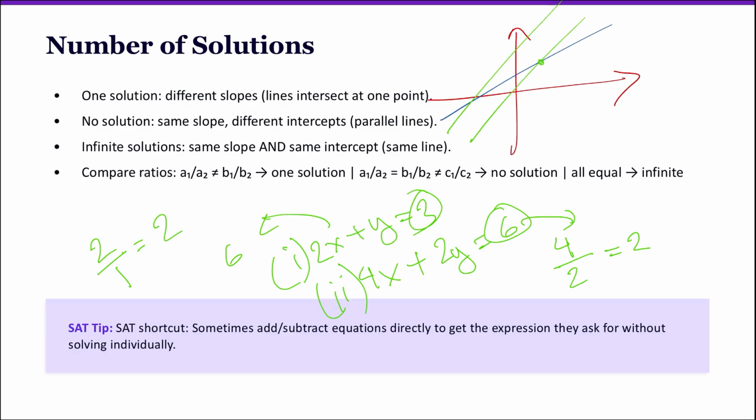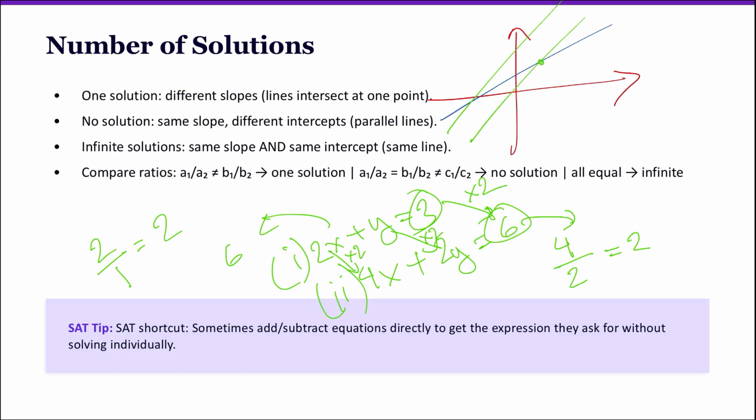Similarly, the y coefficient of the second equation is twice as much as the y coefficient of the first equation. And then if we look at the c value, we can see once again we have this times 2 factor. So here this is times 2, that is times 2, and then the C is also doubled, which means that they describe the exact same line.